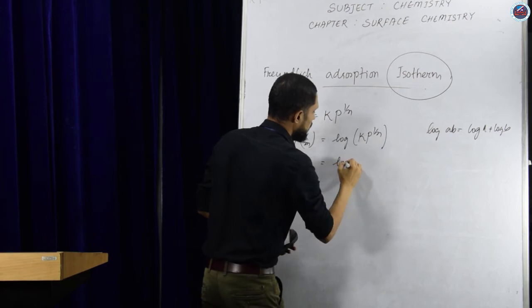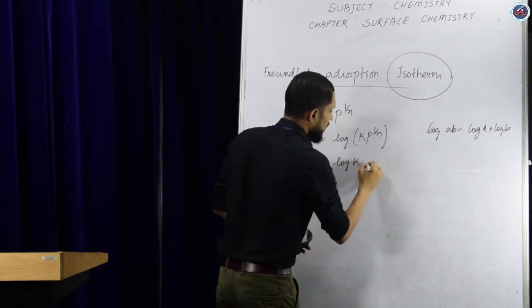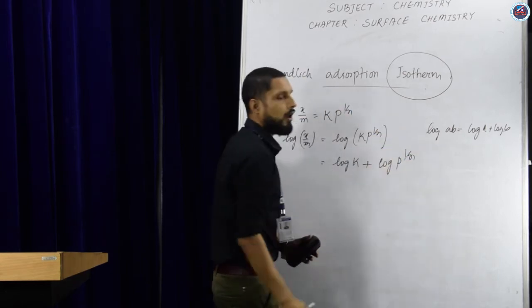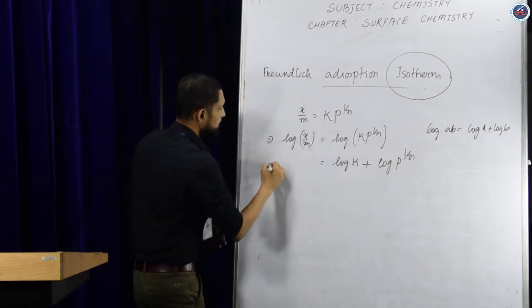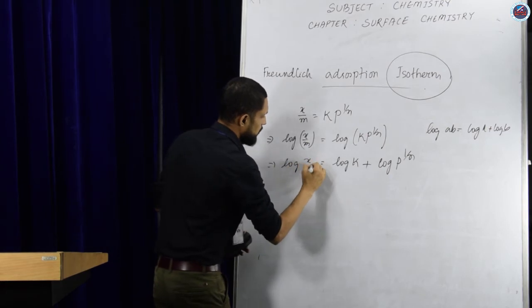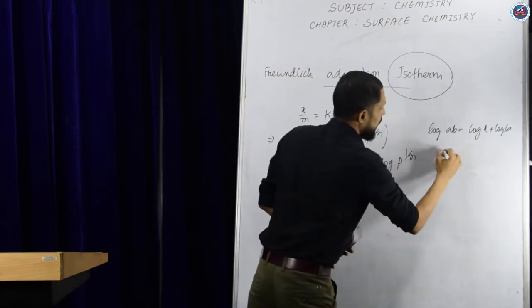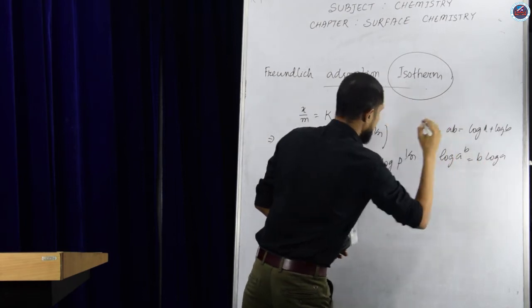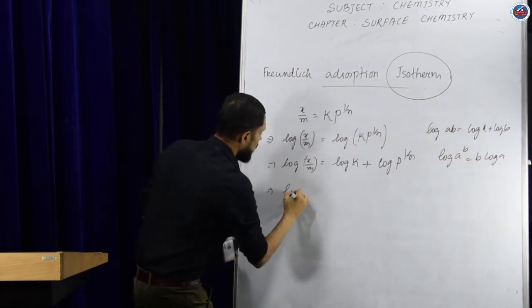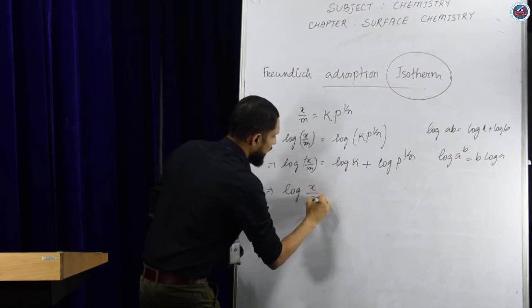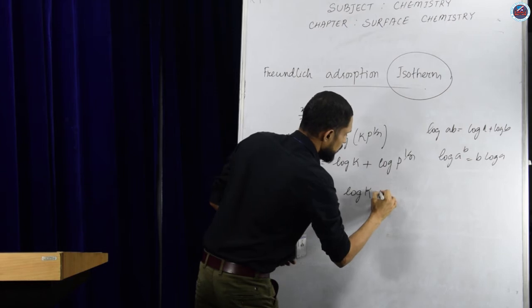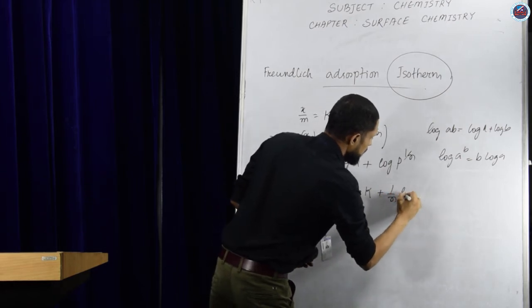So it will be log k plus log P to the power 1 by n. Or we know if you have log A to the power B, we can write B log A. So using this formula, log x by m, that is adsorption, is equal to log k plus 1 by n log of P.